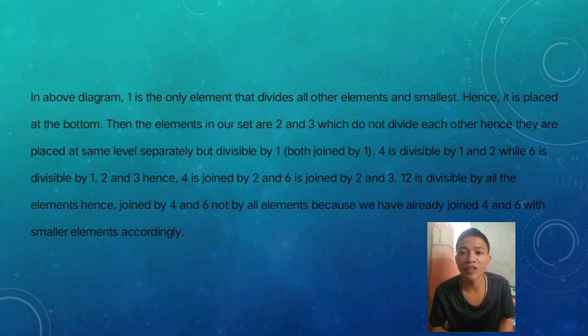Hence, 4 is joined to 2 and 6 is joined to 2 and 3. 12 is divisible by all the elements, hence it is joined to 4 and 6, not to all elements, because we have already joined 4 and 6 with the smaller elements accordingly.